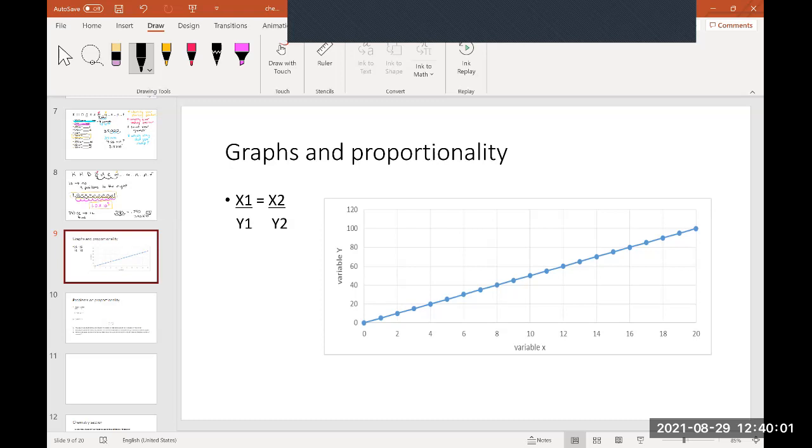The equation that you're going to use for these graphs and proportionality problems involves x1 over y1 equals x2 over y2. In your lab manual, you are given this graph.